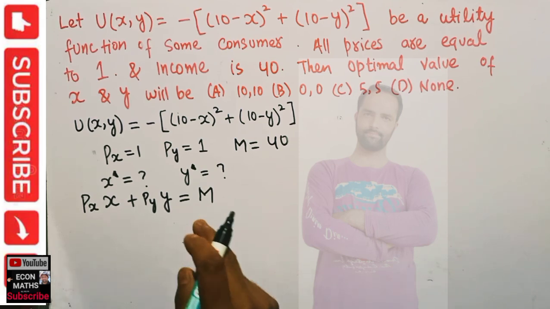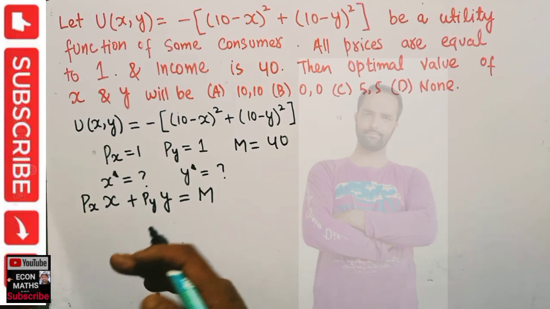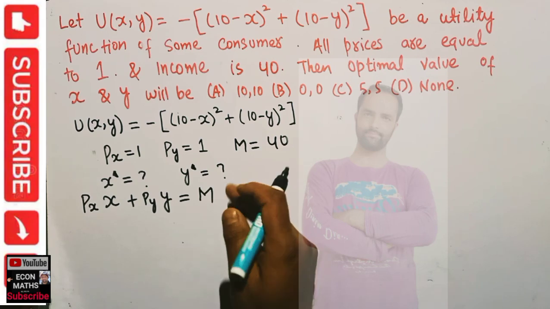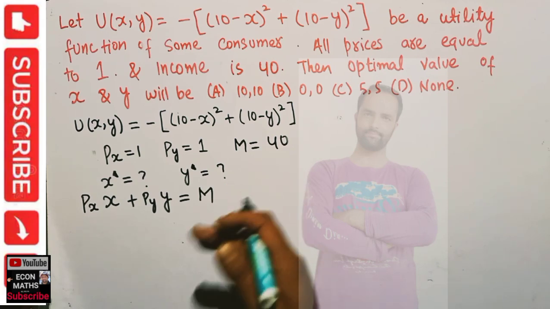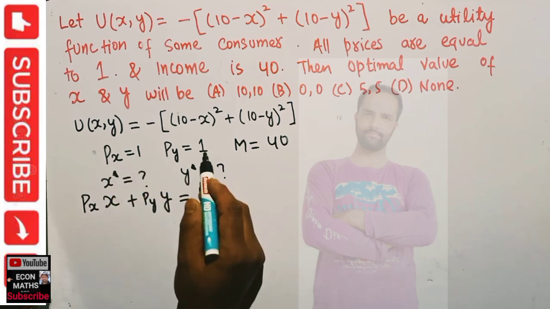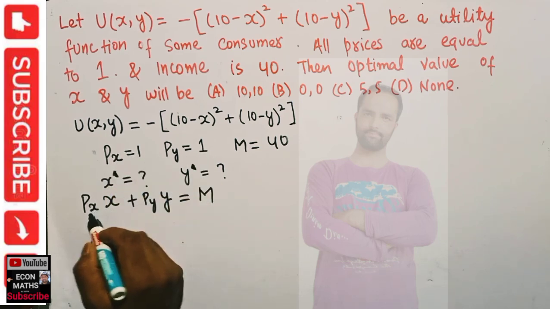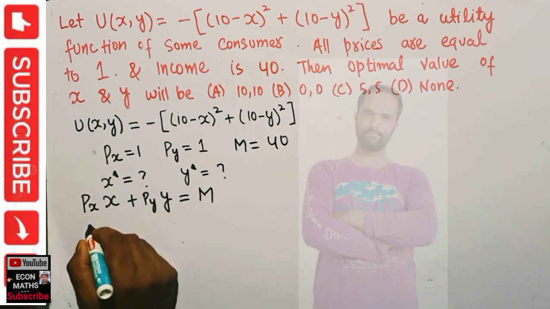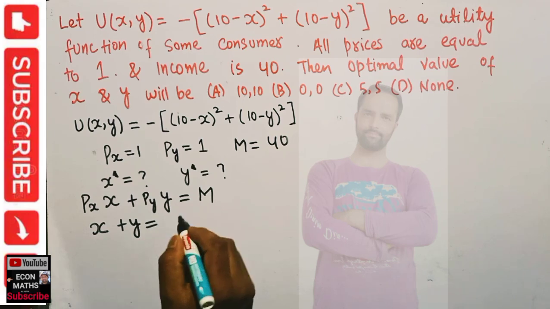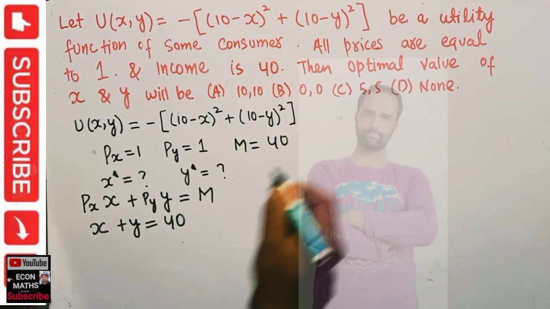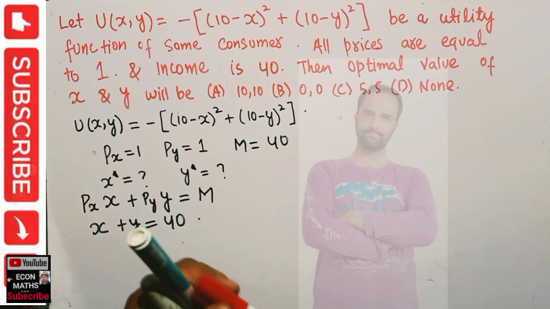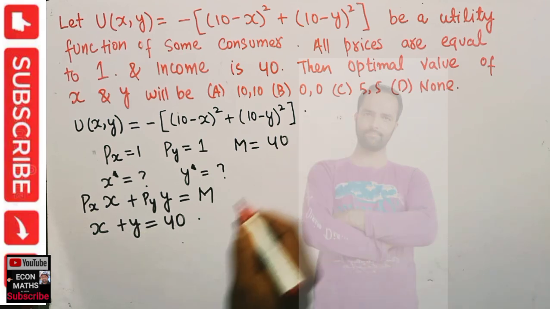Total income will be spent on two goods such that nothing in terms of money will be left. So price of x is 1, price of y is 1, so we are left with only x plus y is equal to 40. This is our utility function, this is our budget constraint. So how do we solve this?